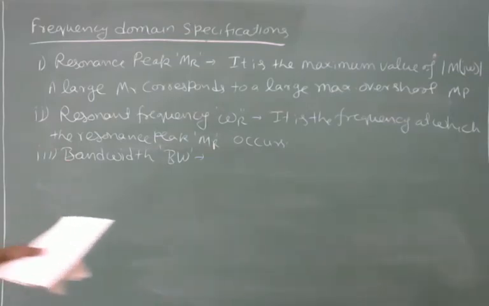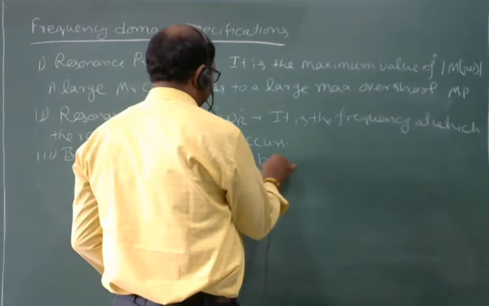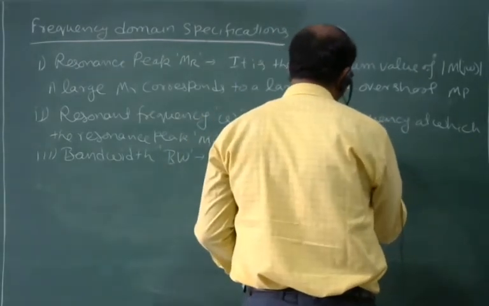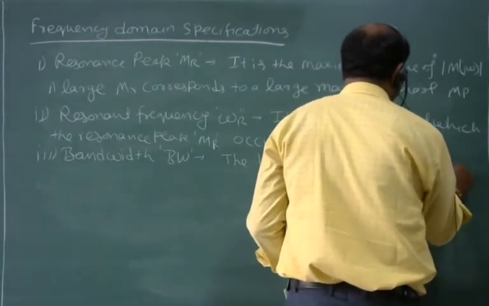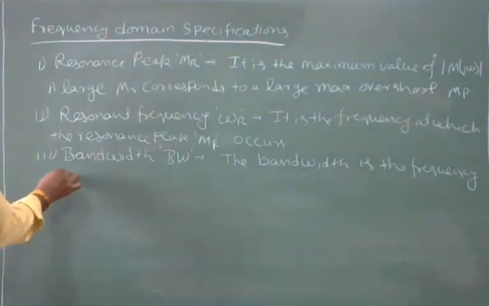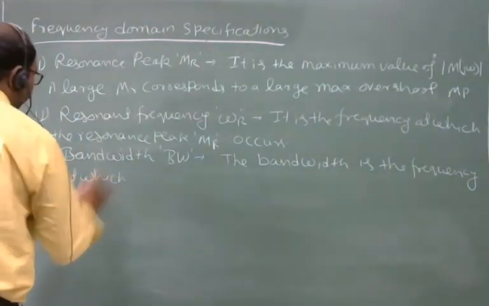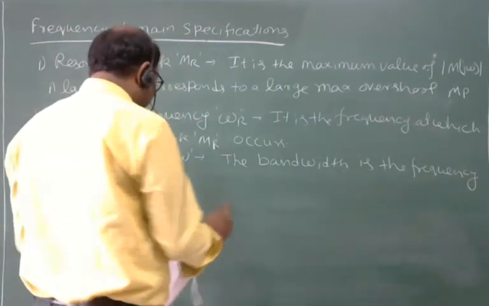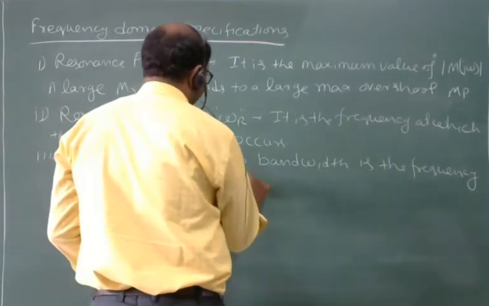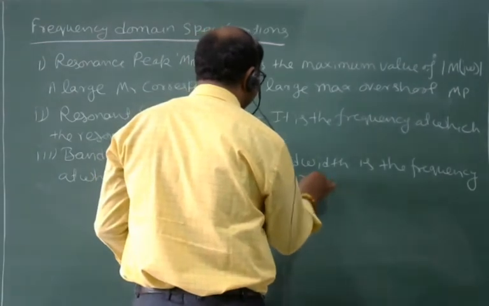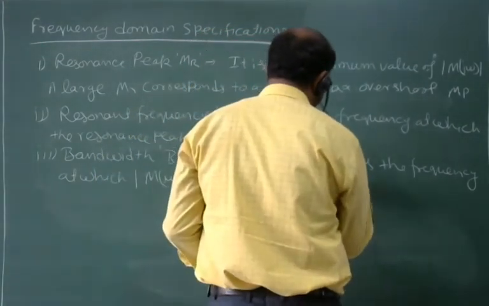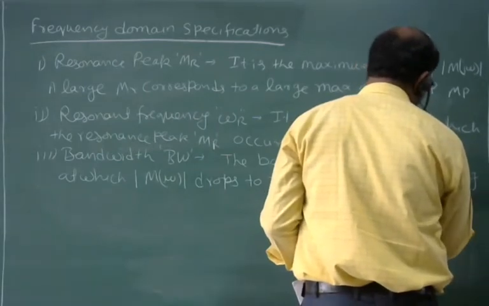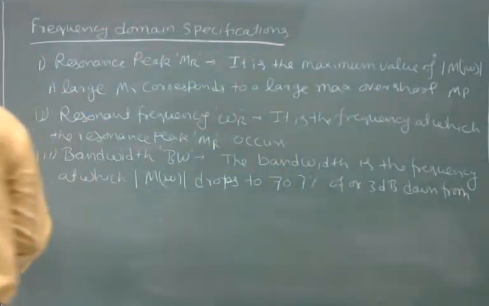So, the bandwidth is the frequency at which the magnitude of M(j omega) drops to 70.7% of, or 3 dB down from, its zero frequency value.